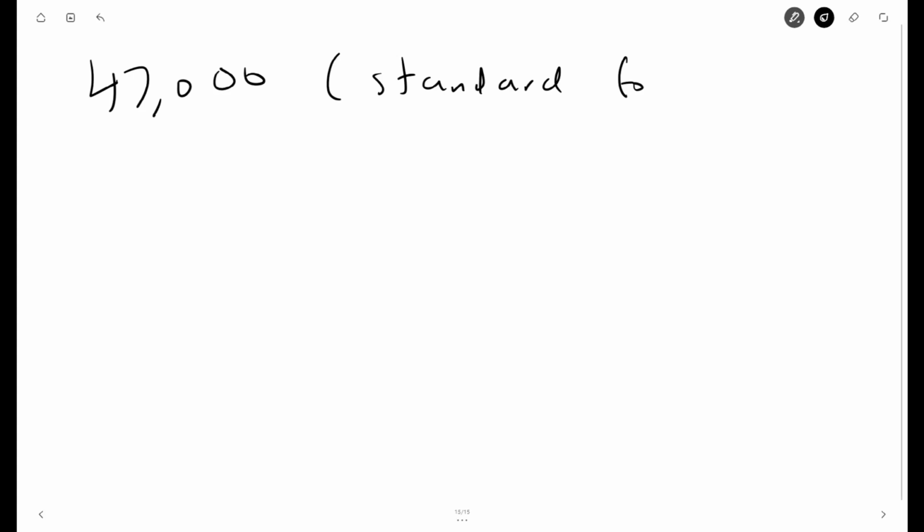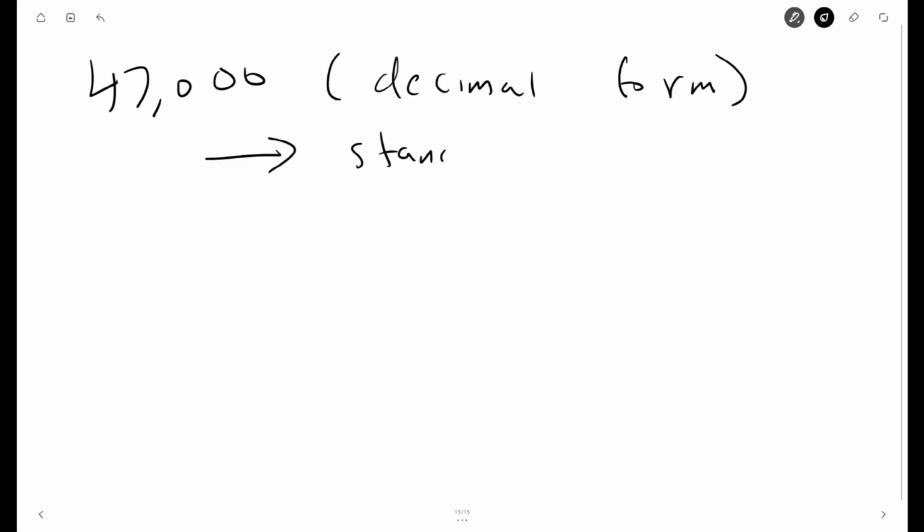I'm sorry, this is in decimal form, and we need to convert it to standard form. To make 47,000 into a number between 1 and 10, we need to move the decimal point.